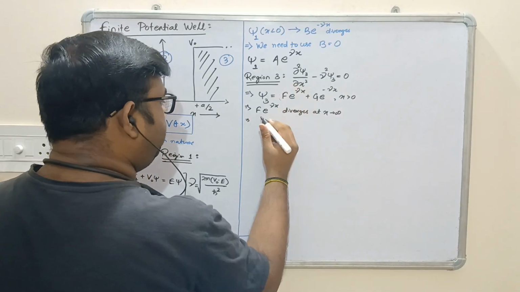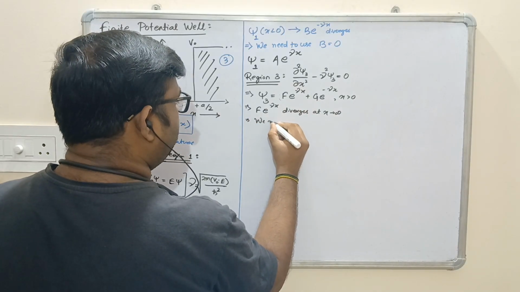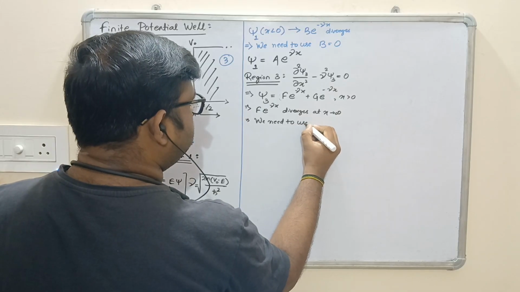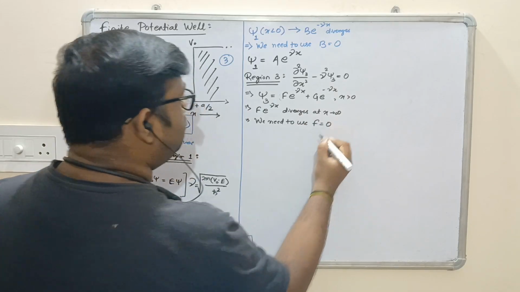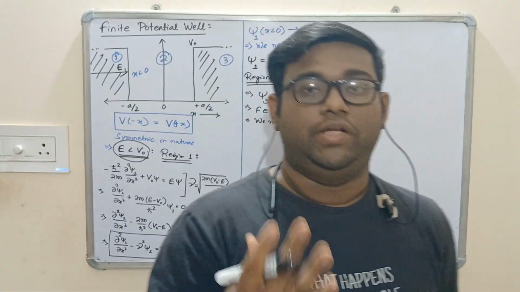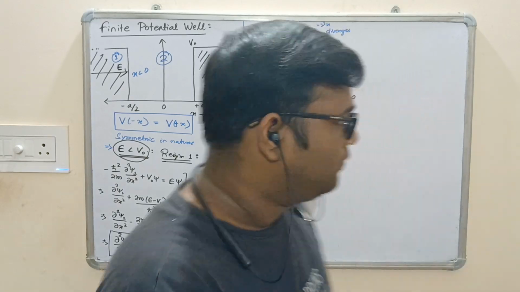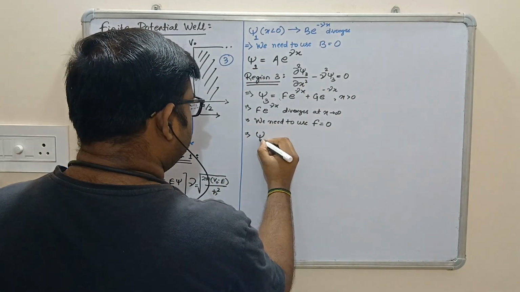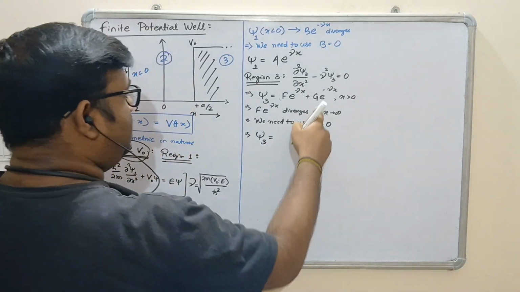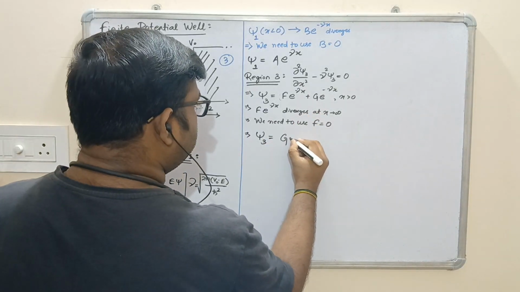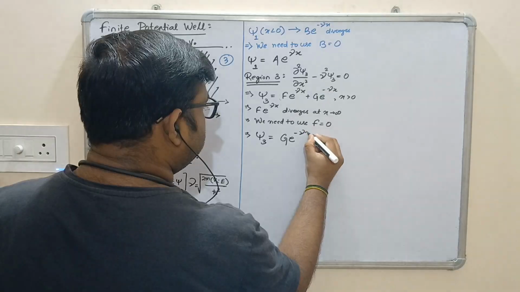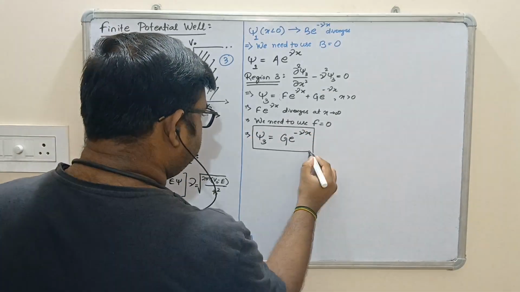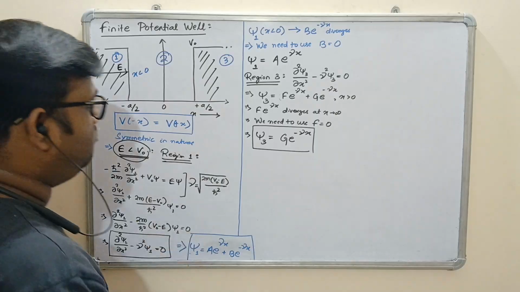So we have to take f equal to 0 for the suitable results that we need. Now what is our psi 3? Psi 3 becomes g e to the power minus nu x. Alright, psi 1 is done, psi 3 is done.